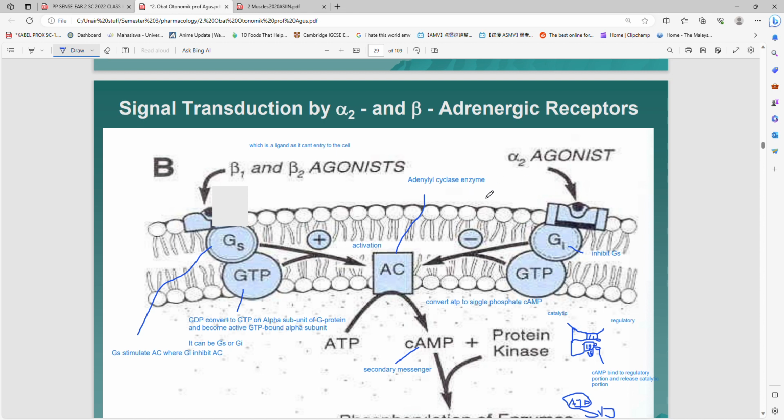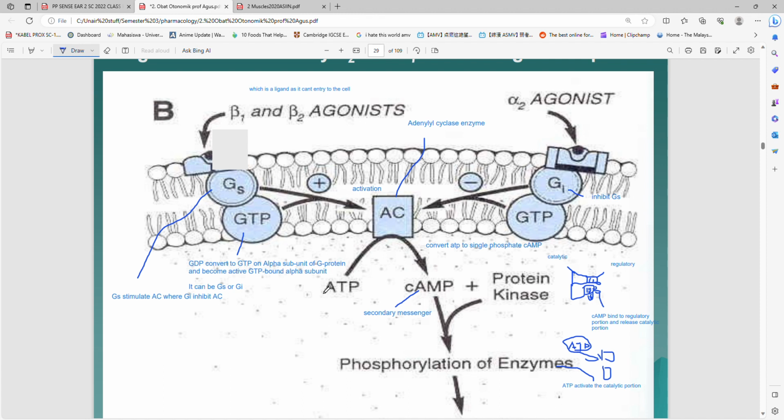When the neurotransmitter is released too much from the vesicle, it will bind to alpha-2 receptors, and then it will inhibit the AC enzyme, so the AC enzyme cannot work, and the ATP cannot be converted into cAMP.